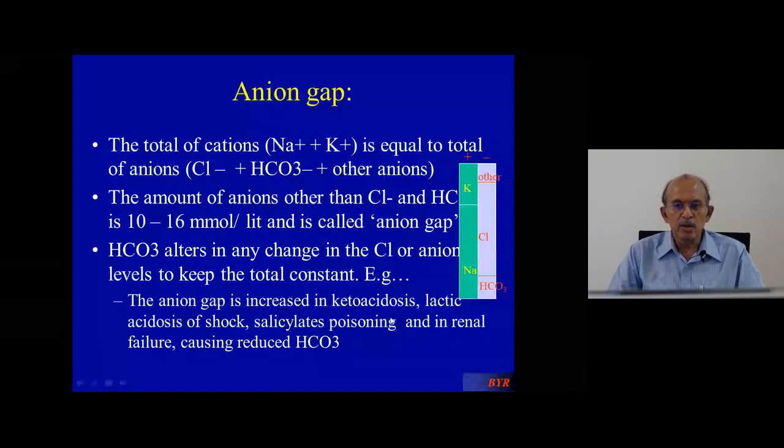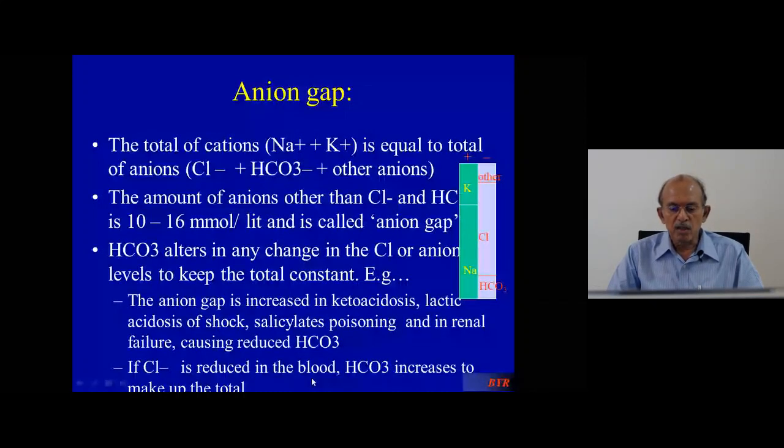The others can be due to ketone bodies, lactate and pyruvate in shock, salicylate poisoning, and renal failure due to increased metabolites. Whenever the others increase, the bicarbonate decreases, so the patients will go into acidosis.